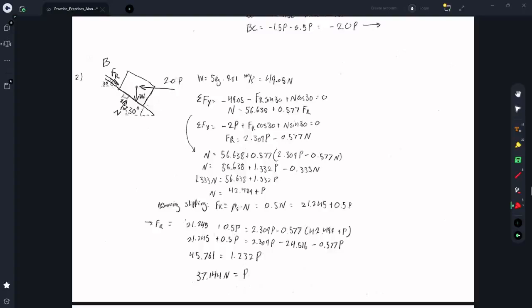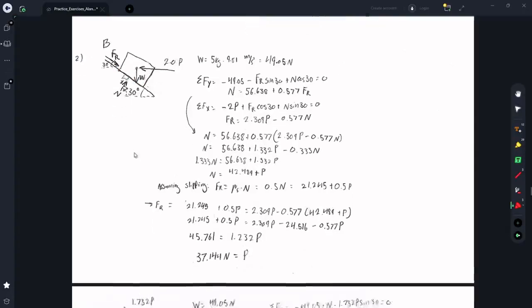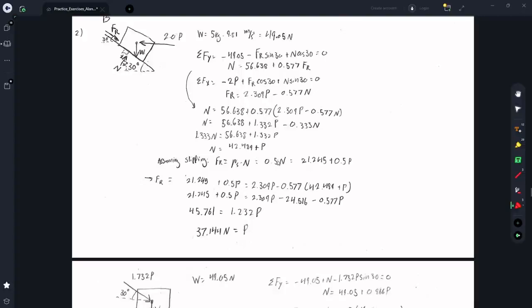Because we can only analyze this assuming slipping, we can say that this friction force is going to be equal to the coefficient of static friction times the normal force, which, if this is N, then the friction force is half of that.